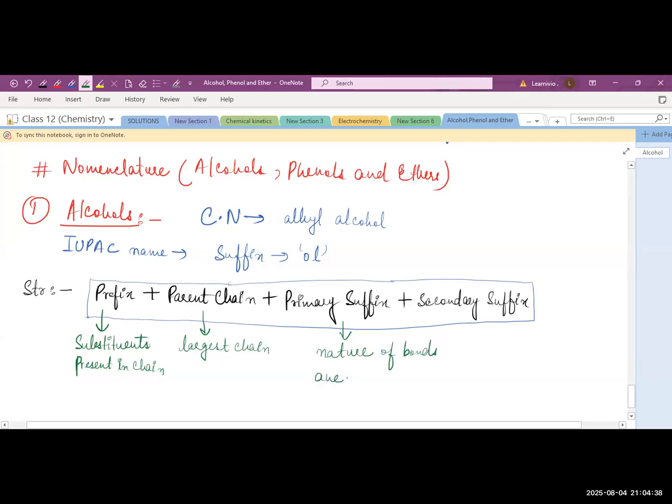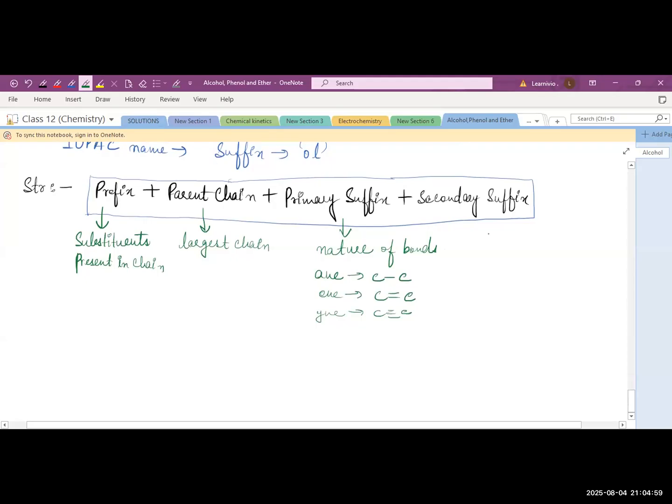If there is a carbon-carbon single bond, we use -ane, for alkene a double bond we use -ene, and for a carbon-carbon triple bond we use -yne. So -ane, -ene, -yne are the primary suffixes. And the secondary suffix, for alcohol, we take as -ol. -ol is the secondary suffix. Now write a note here.